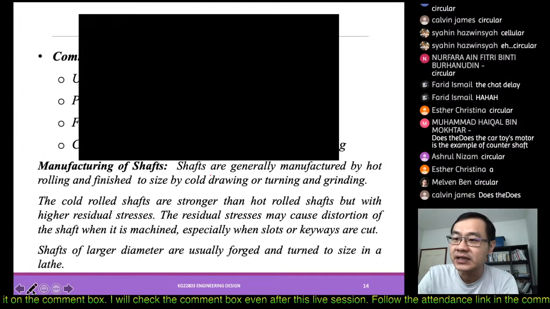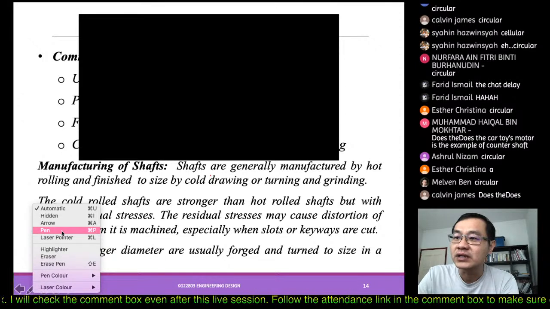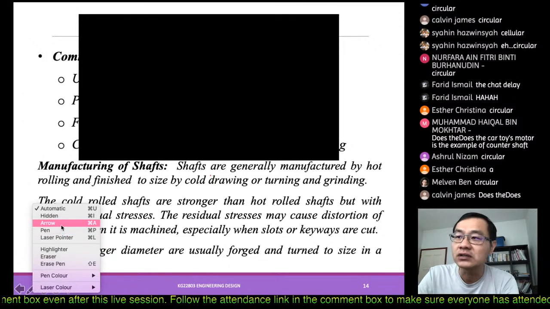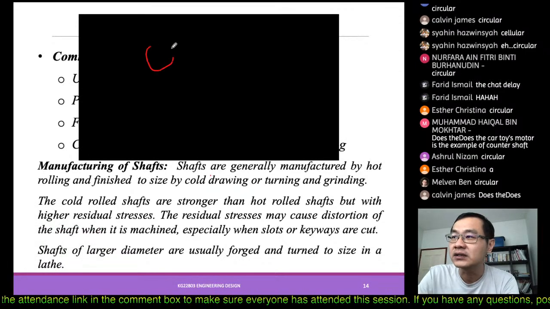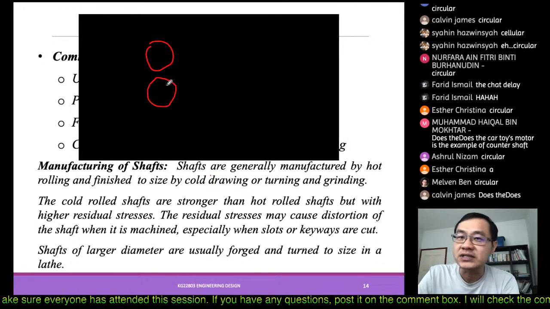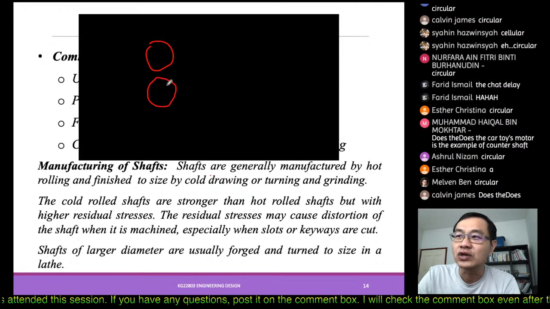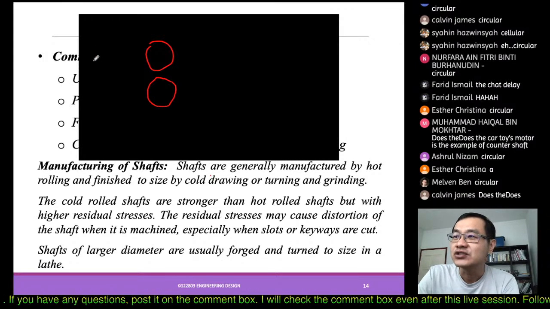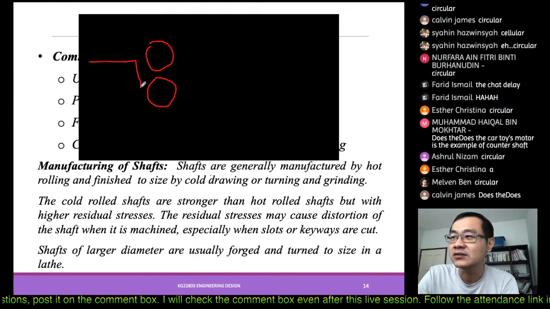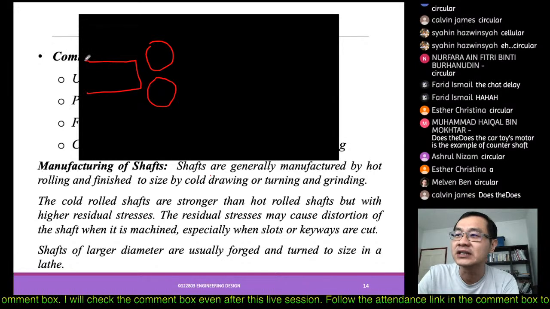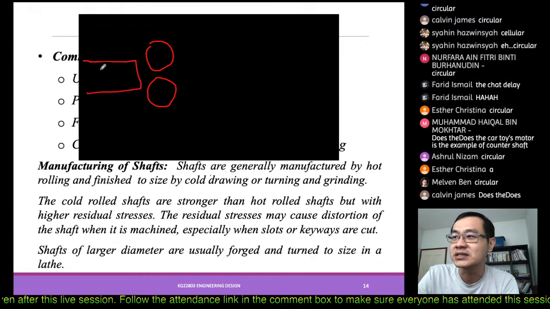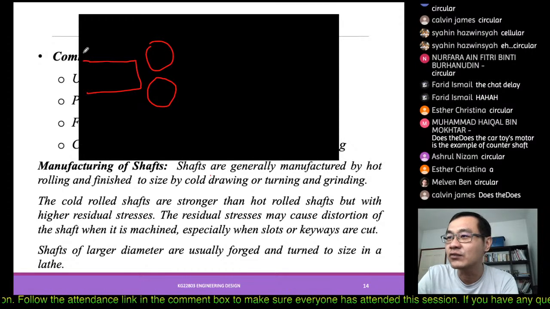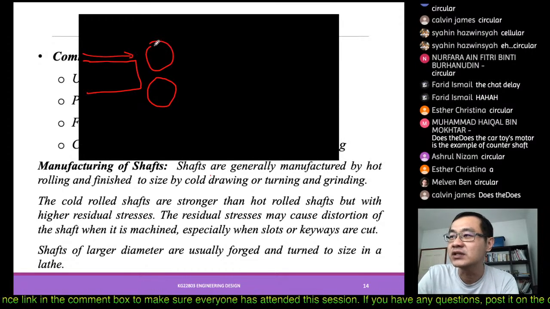Generally, what we would have during the hot rolling itself is that we have a roller. In order to produce a thinner or rolled kind of shaft, we will heat the material itself. So assuming this is red hot, now we will push this in between these two rollers.